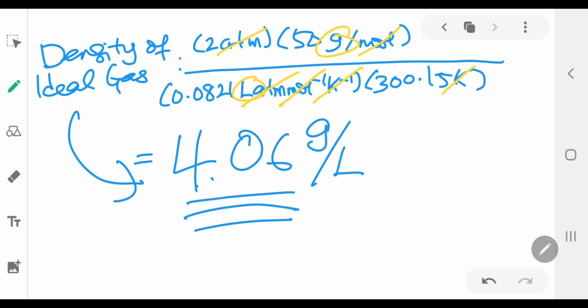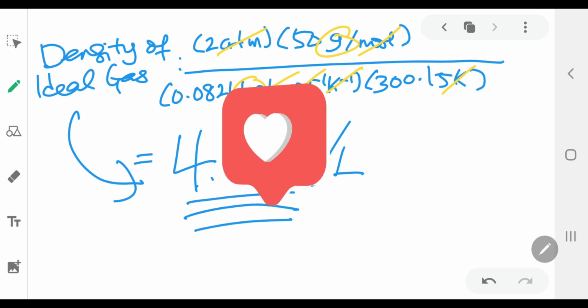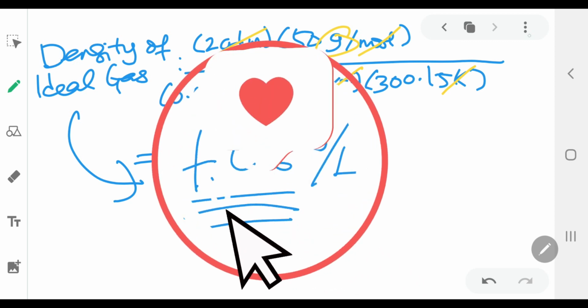So it's very simple. It's very easy. You just need to remember the formula for density of ideal gas, which is density equals PM over RT. And also you need to know how to derive that formula from PV equals nRT, because it's quite important, because they might ask you in exams. All right.